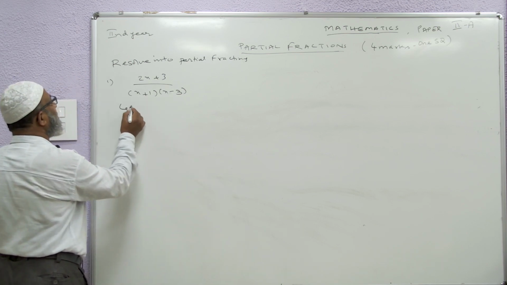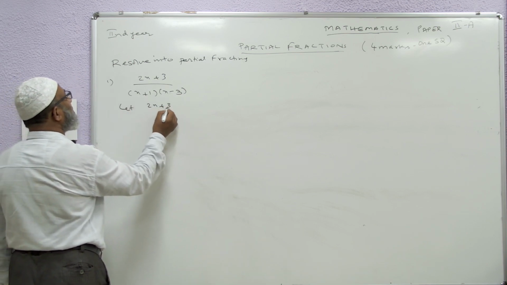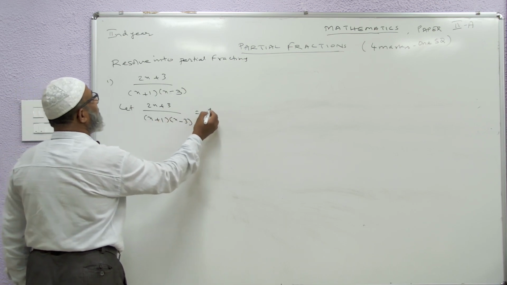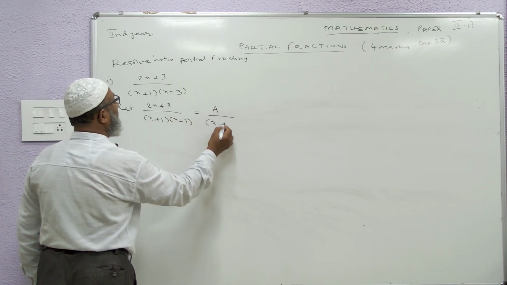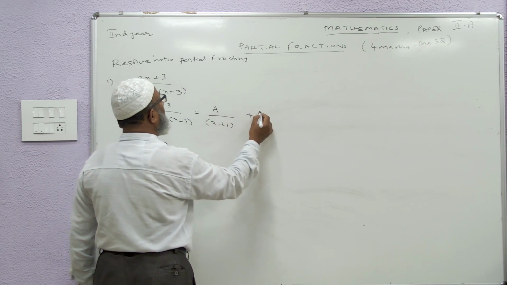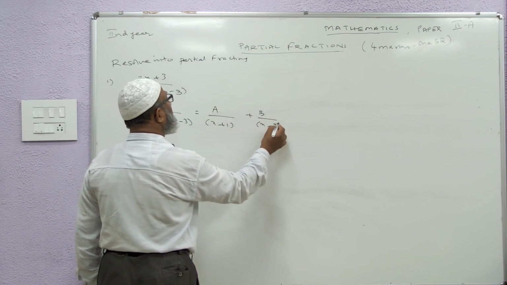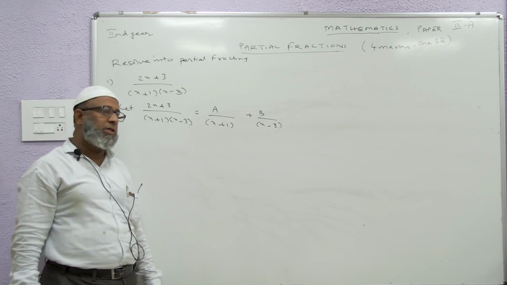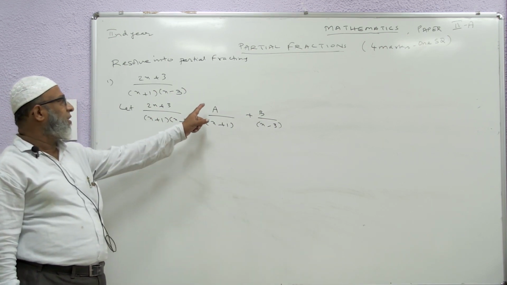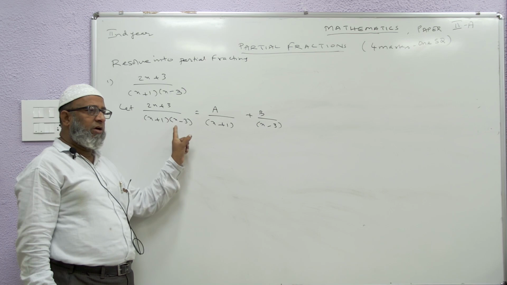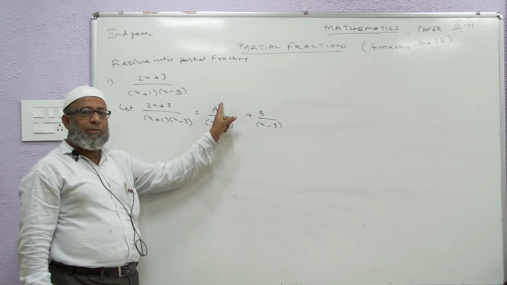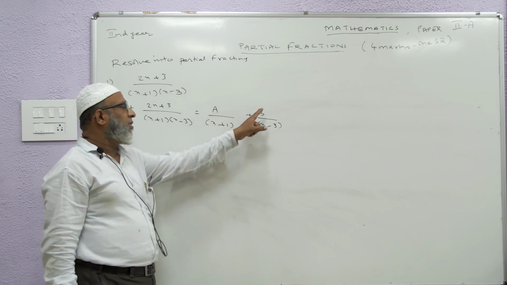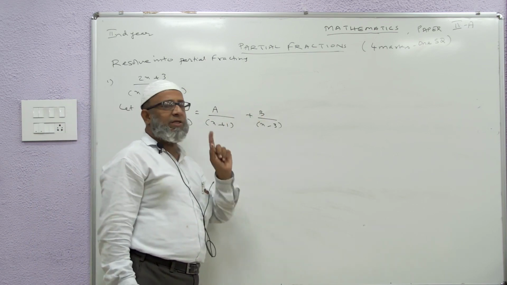So your first step is, let (2x + 3) divided by (x + 1)(x - 3) be equal to A by (x + 1) plus B by (x - 3), right? As I told you, this belongs to the first case. The substitution will be taken as, for each factor you have to take some constant. For this factor A by (x + 1), for the second factor B by (x - 3).